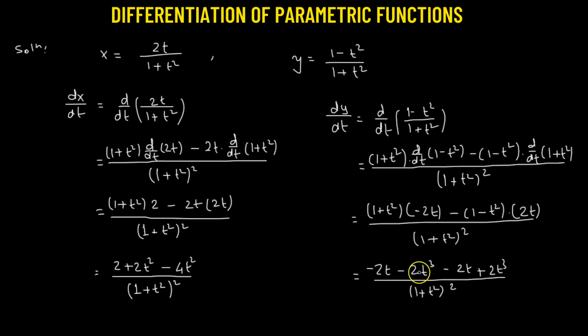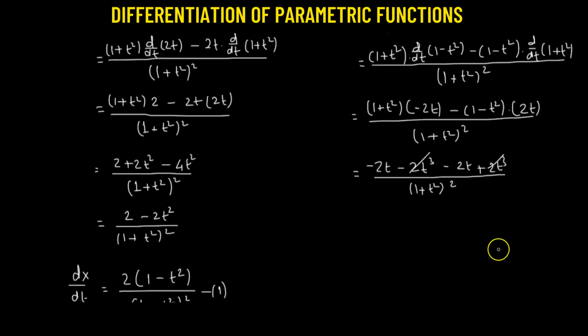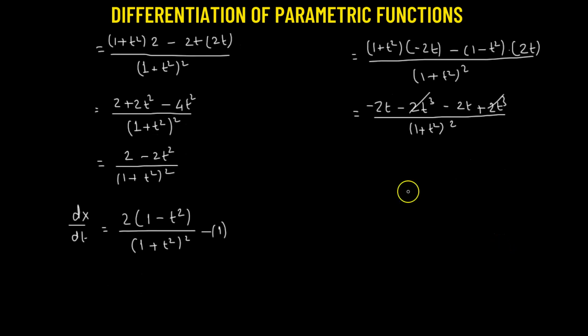So we can cancel out negative 2t cubed and positive 2t cubed. This gives us the derivative of y with respect to t, which equals negative 2t minus 2t, so that's negative 4t, divided by 1 plus t squared whole squared. So we have also obtained the derivative of y with respect to t.